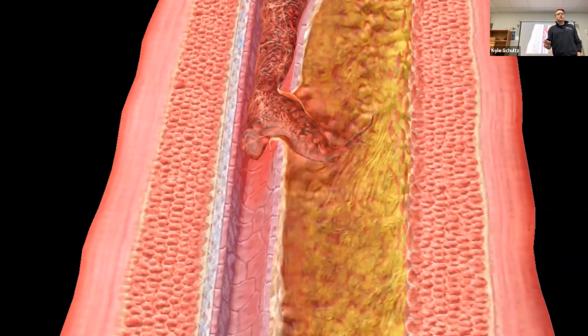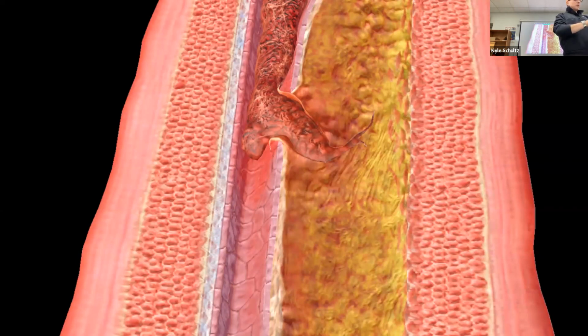What causes rupture can be tons of different things. Over time, as that plaque builds up, that subendothelial layer is again only about a cell thick. It can cause permeability between those cells, so you end up with the contents leaking out through those cells.